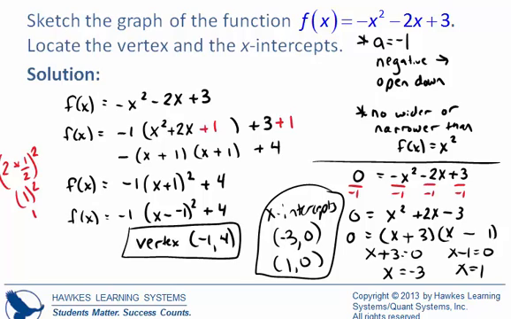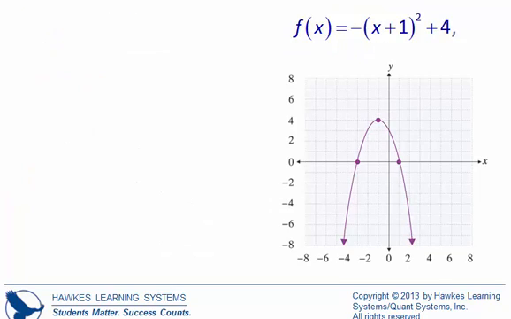Now, we can easily, with that information, graph the equation of the parabola. We know the vertex is at negative 1, 4. So we can plot that. So negative 1, 1, 2, 3, 4. There's my vertex. We know the x-intercepts.